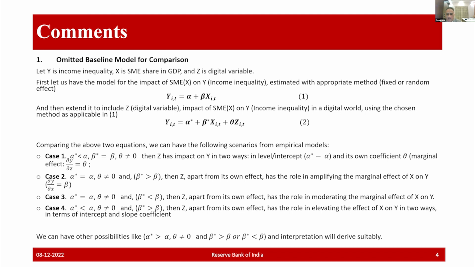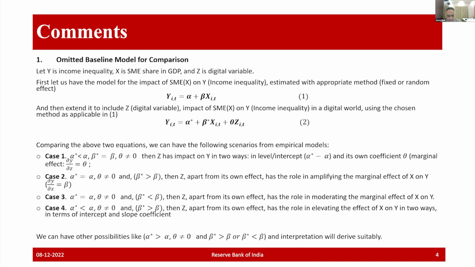Then analyze what these two models' parameter estimation suggest, whether the impact of SMEs, the coefficients of the SMEs in the basic equation, improves when you include a digitalization indicator. This is the first thing.